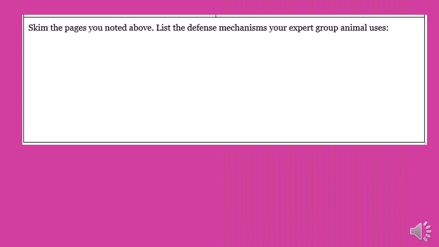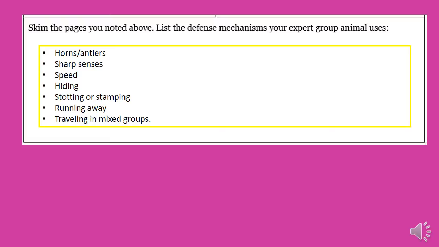gazelle. After skimming the text, there are many things that the Springbok gazelle has that help it become safer from its predators. Those things include horns or antlers, their sharp senses, in other words, their sense of eyesight, smelling, hearing, all of those things are very sharp.